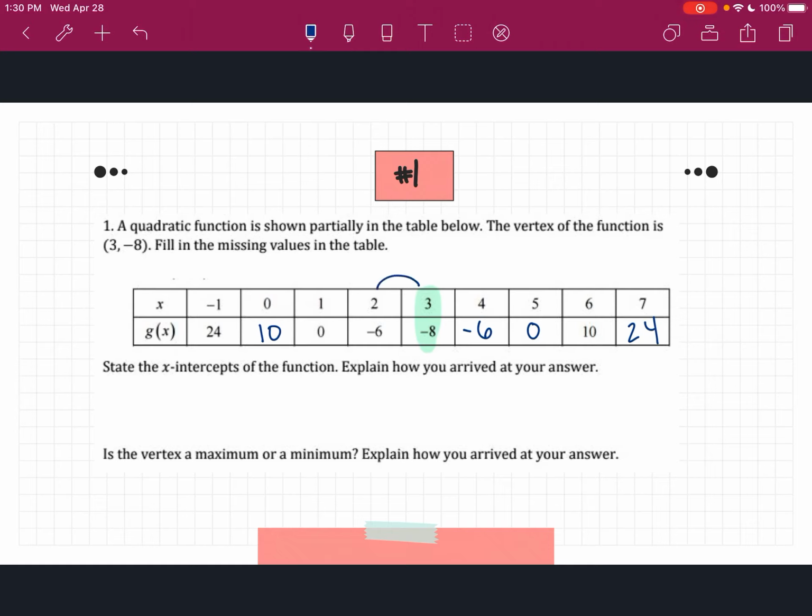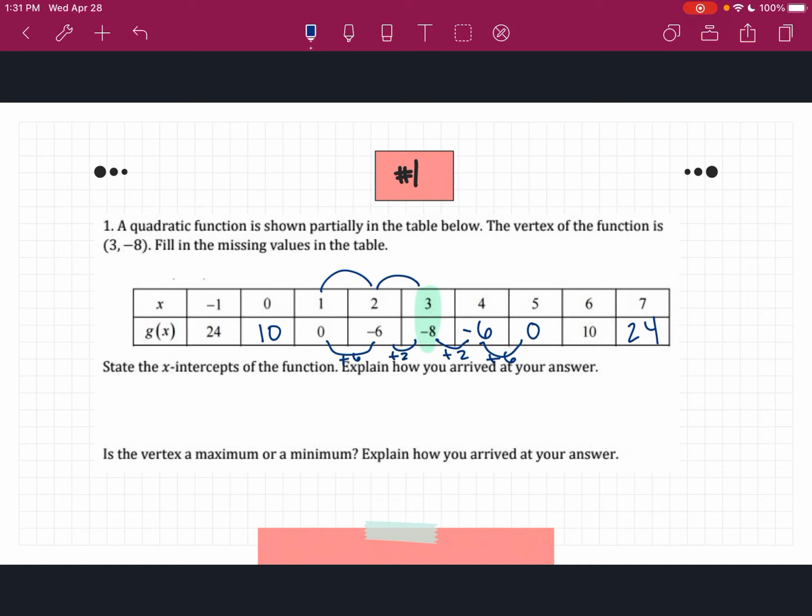So from -8 to -6 is 2 apart, so we can add 2. You would do the same thing on the other side. Same thing for the next point. From -6 to 0, we added 6, so you would do the same on this side. You would add 6.